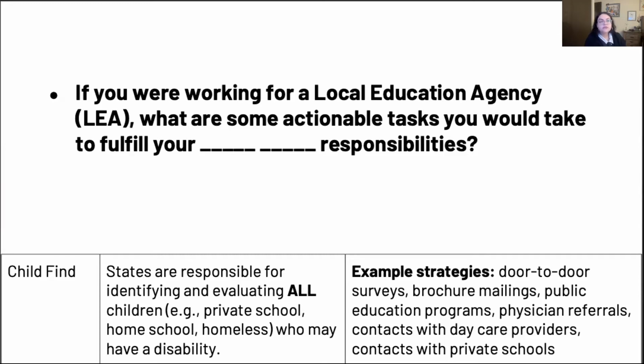This is a really interesting one to me. If in the neighborhood the school is in you have a medical complex with a certain number of doctors, the school can say, if you have any kids you think have a disability, or parents come in with concerns, let them know the child is entitled to services, and you can refer them to the school and we can help them from here.